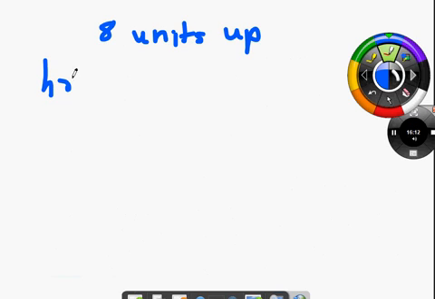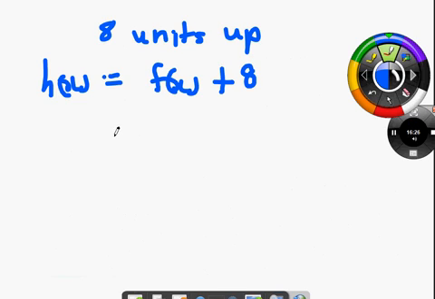Then we go and talk about shifting up and down. 8 units up. Now, if we are shifting 8 units up, let's say it's h of x, it means that we are simply taking our f of x. Because it's up, we just say plus. Can you see it's different? The plus sign is not going with the x. It's plus 8 there.